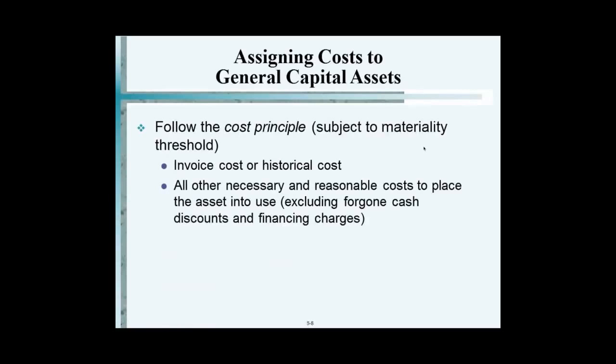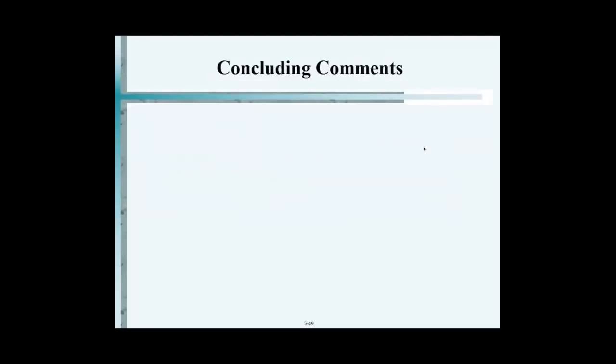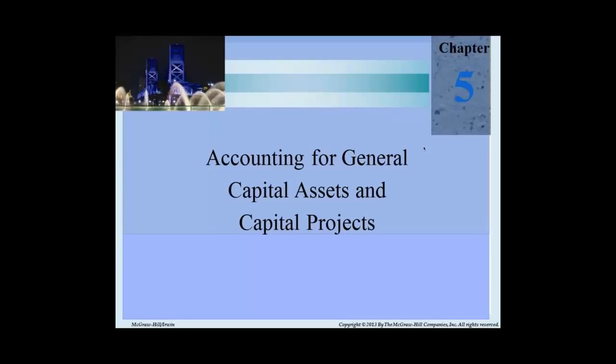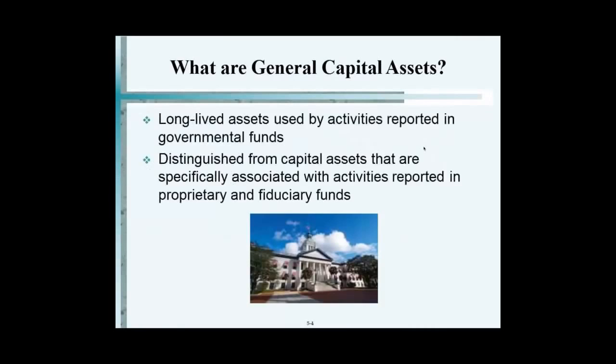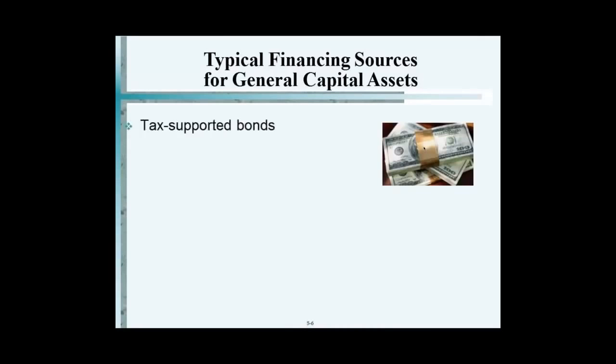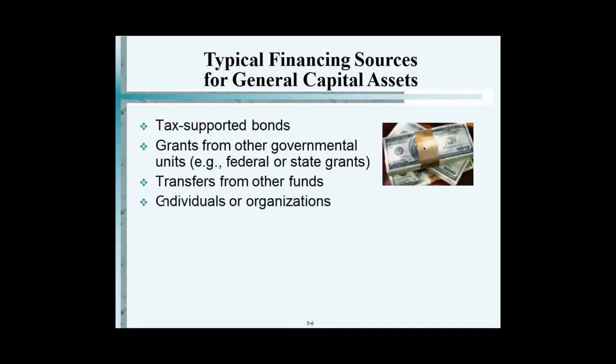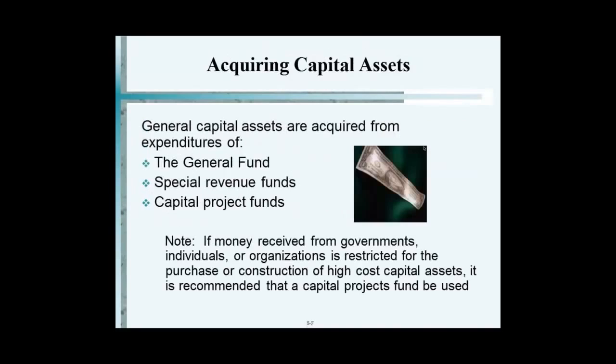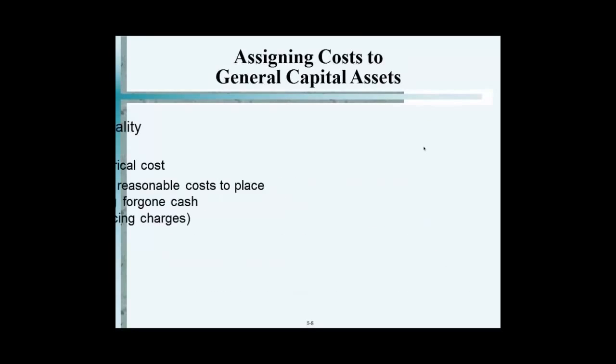So what are the various ways in which you can acquire capital assets? Well, you can go purchase it, right? And when you purchase it, what do you record the asset at?